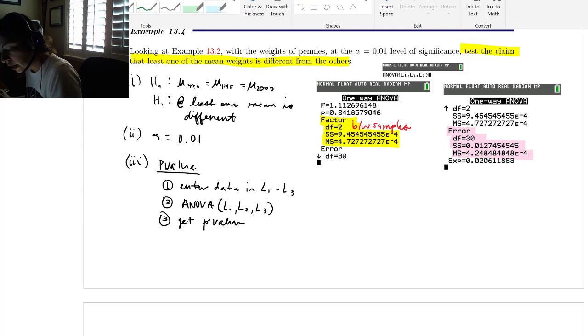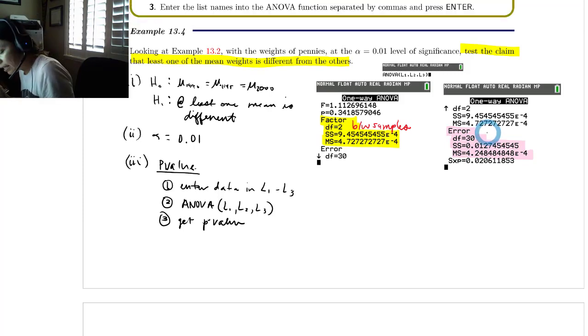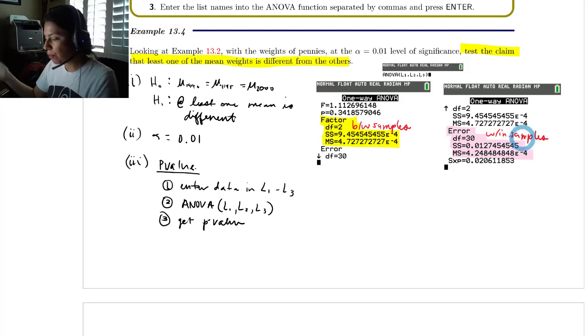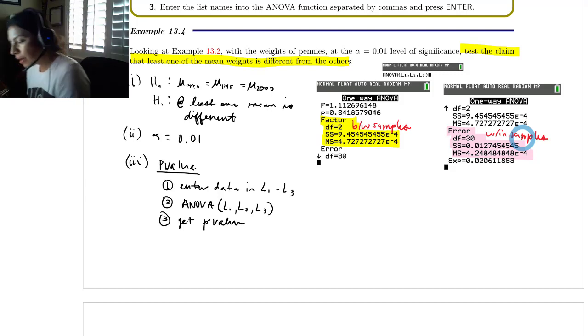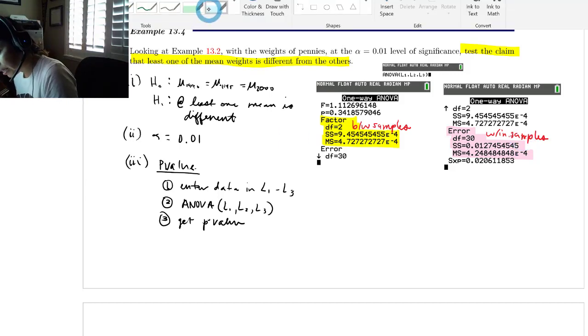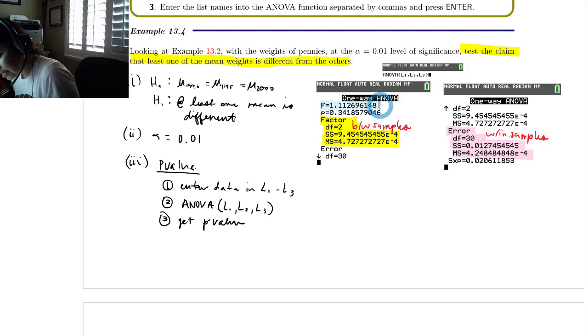That's going to be the within samples. So go ahead and compare to that ANOVA analysis that we had in the tomato example, but this information is also in there, but your calculator does all the work for you, which is really nice. And so above here, we could see the F test statistic and the p-value.